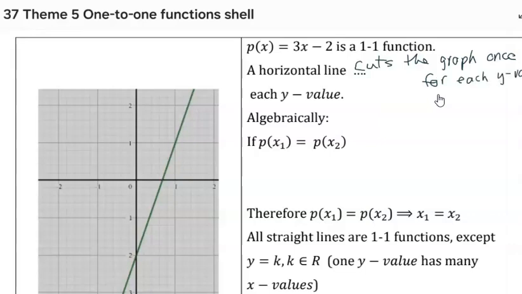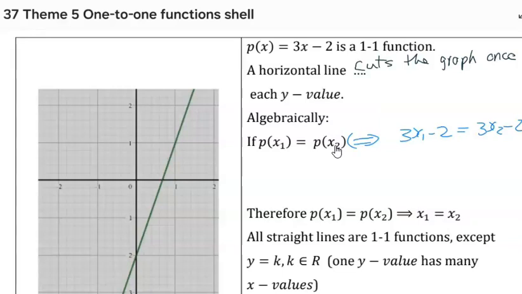Algebraically, if I now take p of x1 equal to p of x2, then it means that 3x1 minus 2 is equal to 3x2 minus 2. Remember, it must be true in general. We can't just have two specific values where it holds. It must hold for each x value and each y value.